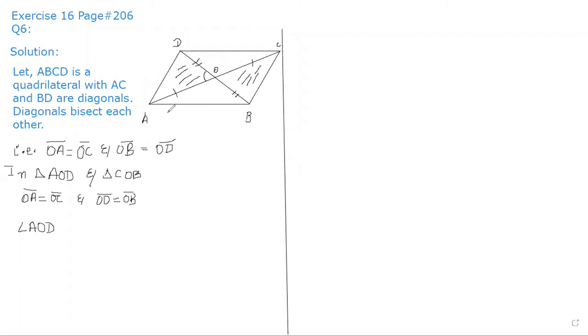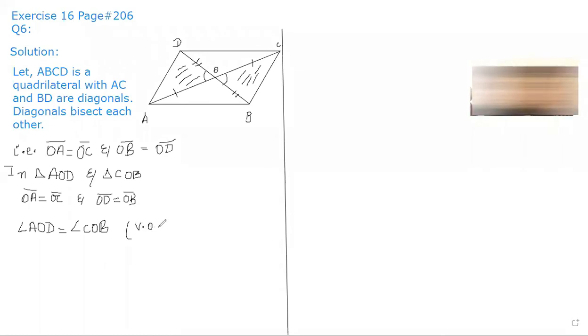If you look at these two angles, angle AOD will be equal to angle COB. So you can say that these are vertically opposite angles. I represent it as V.O.A.